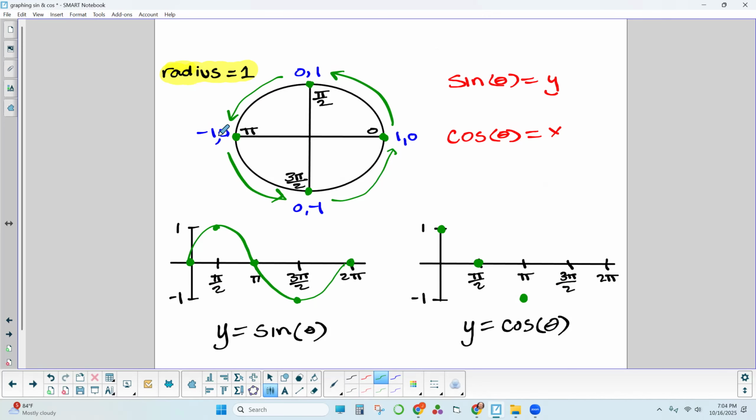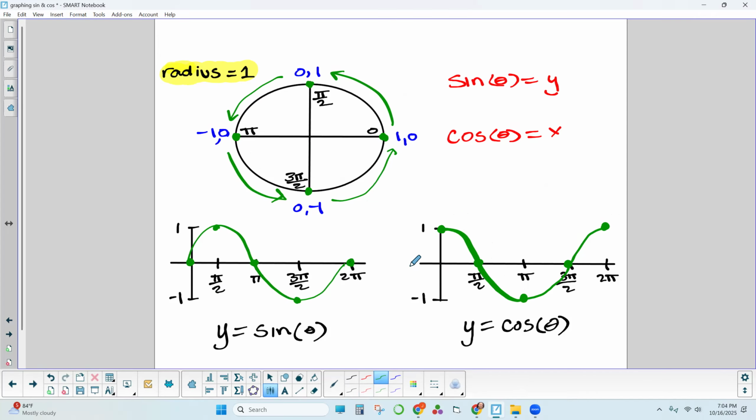As we approach 3 pi over 2, x is 0. And as we come back around to 2 pi, x is 1. So if we connect those, you can see our cosine graph. Okay? Now those are our parent functions, and that's where we begin.